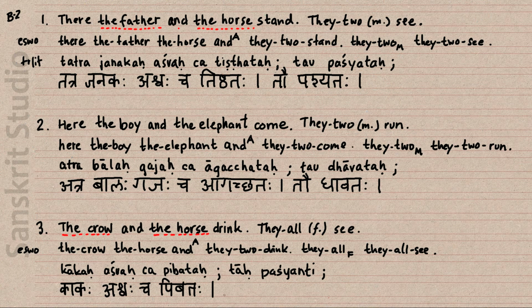And then we have the feminine objects who are observing the crow and the horse. Like that. Kakaha ashvaha cha pibataha taha pashanti.